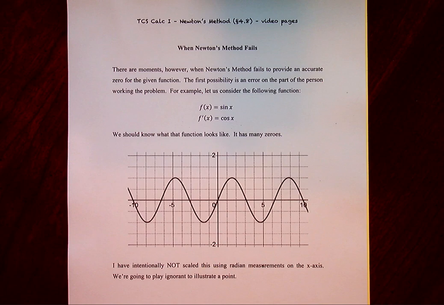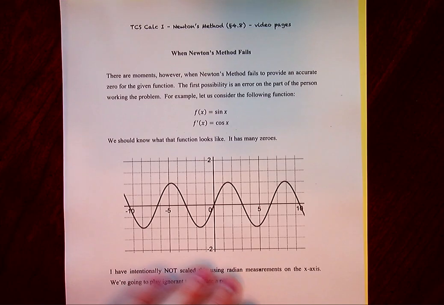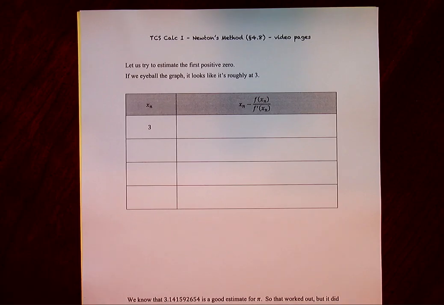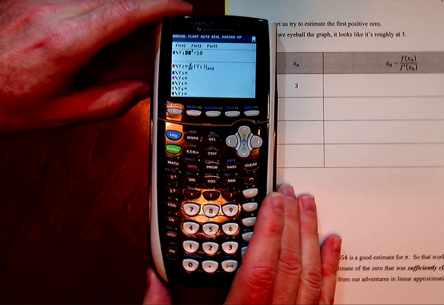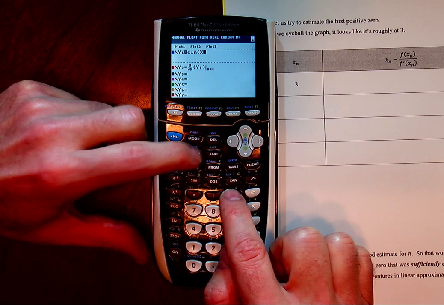Now, let's go ahead, and we know that if we eyeball it, we see that the first zero, the first positive zero, is somewhere right about 3. So we're going to use 3 as x sub 1. Let's go ahead and plug this in, clear, sine x.